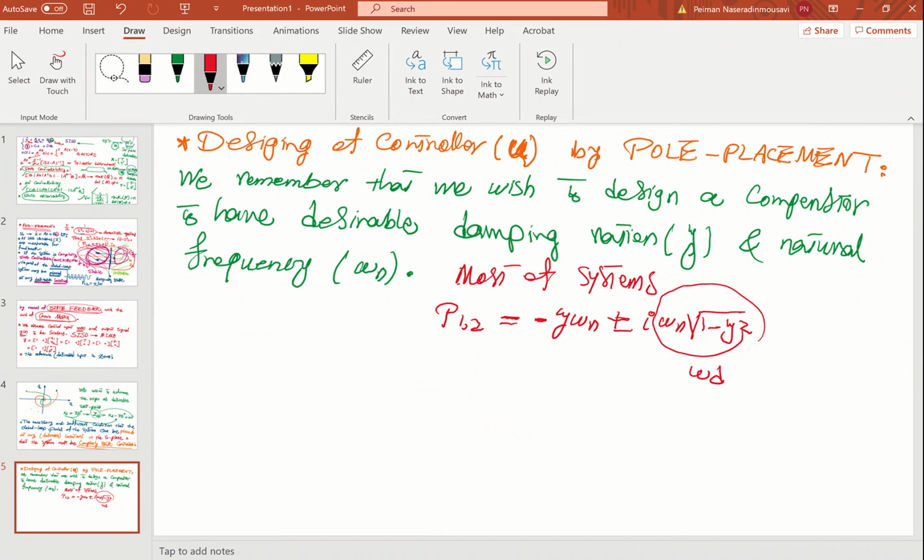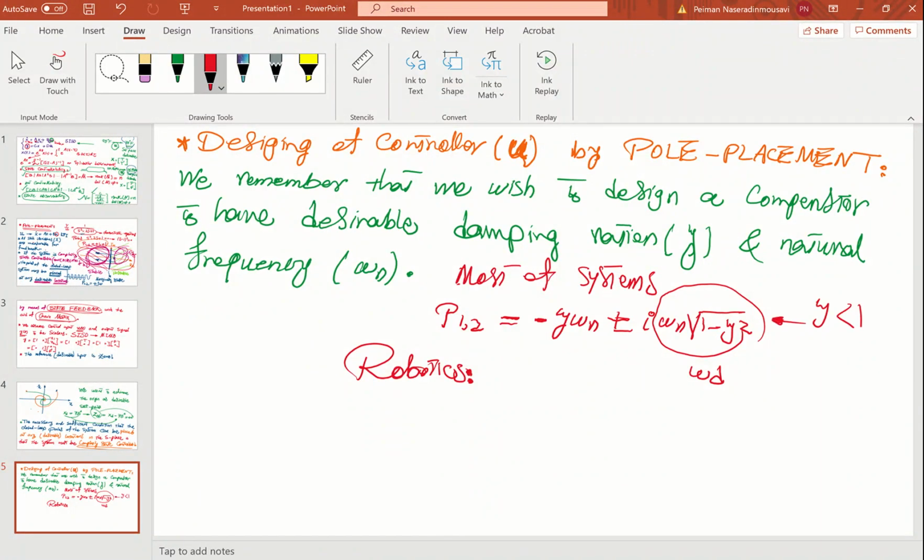So in graduate control, we want to have the damping ratio zeta and natural frequency. Obviously, when I'm talking about robotics, do you want to have an under-damped system, meaning that zeta is smaller than 1? Do you want that?